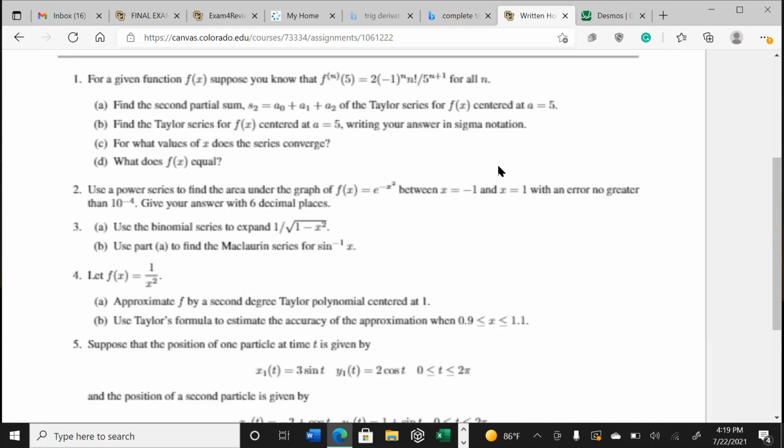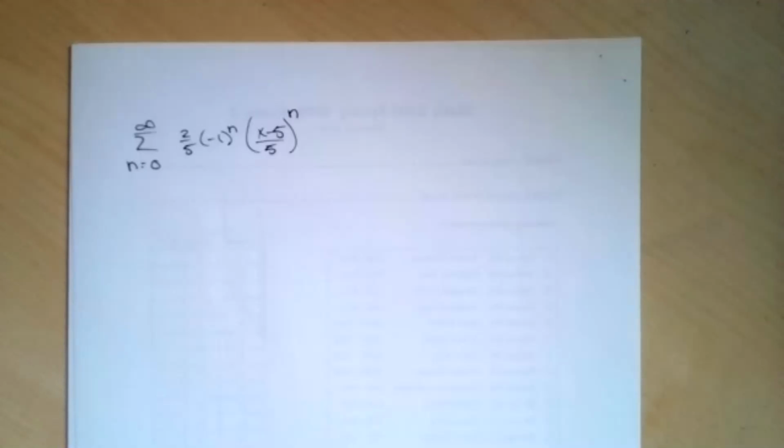So your Taylor series, you said 2/5, you've got a -1 to the n, and then x minus 5 over 5, all to the n. I think that's what you got. Yes, that's exactly what I got.